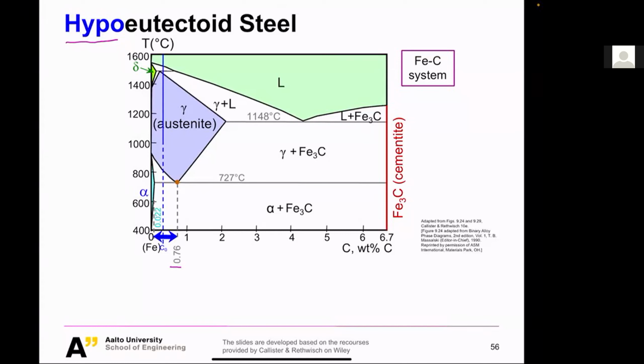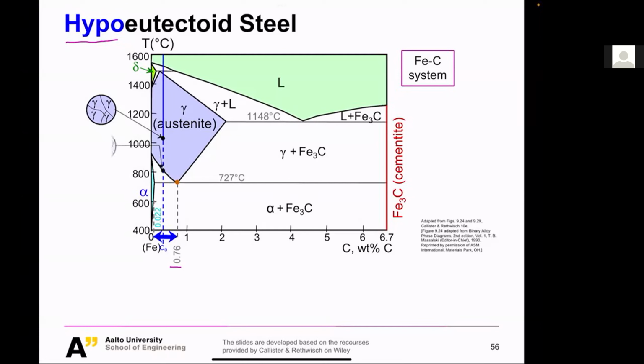All right, let's see, when we have such a composition in our materials, what will happen? We will not start from the liquid phase anymore, because you know what is going on there. So we directly start with the austenite. When we have the austenite as a solid solution, it looks like cute grains.